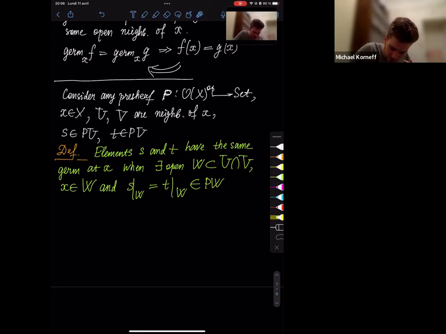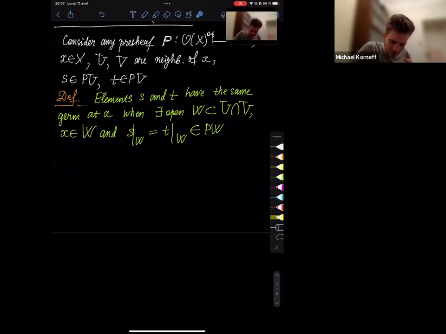And in this setting, we will say that these functions have the same germ at x, and it is also an equivalence relation, and classes of this equivalence relation are called the germs of s at point x.